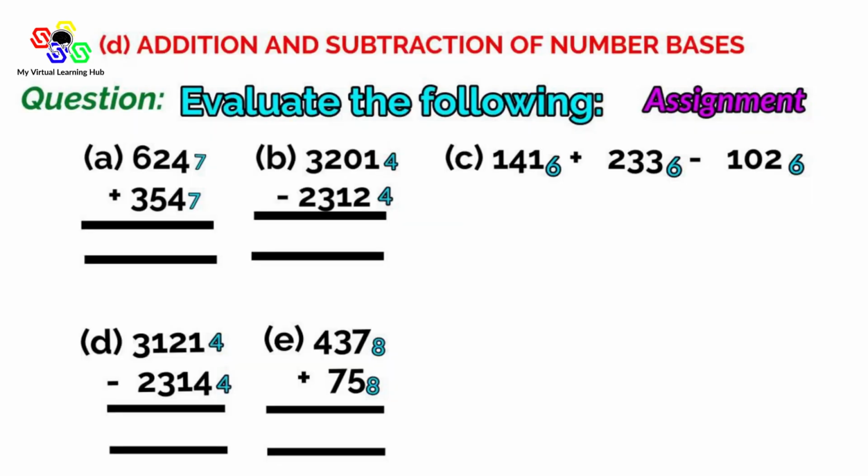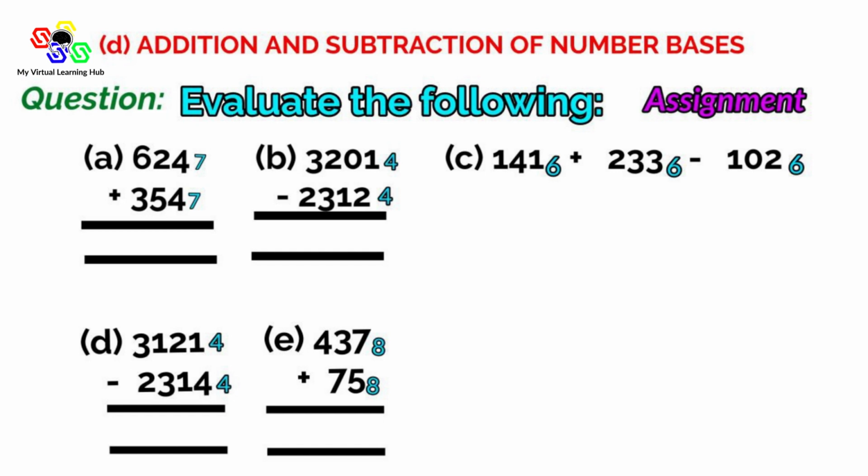Evaluate the following. Number 1, 624 base 7 plus 354 base 7. Number 2, 3201 base 4 minus 2312 base 4.